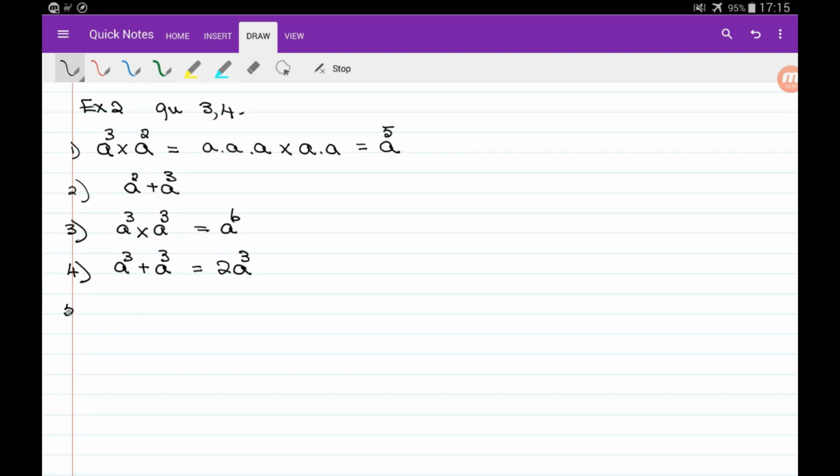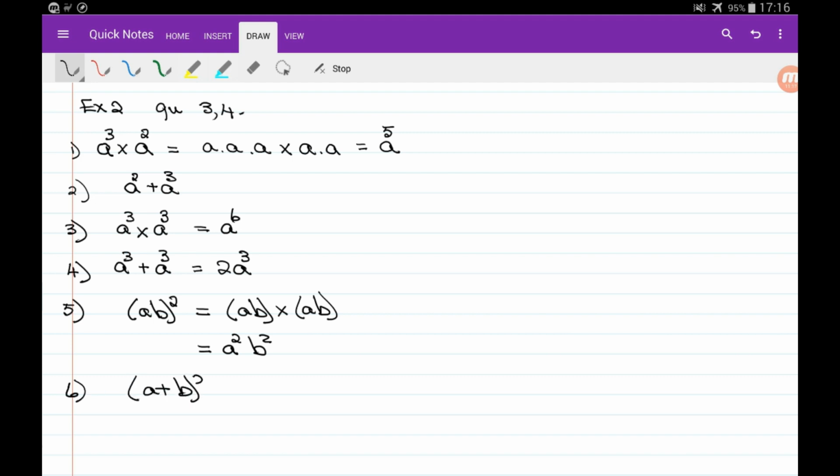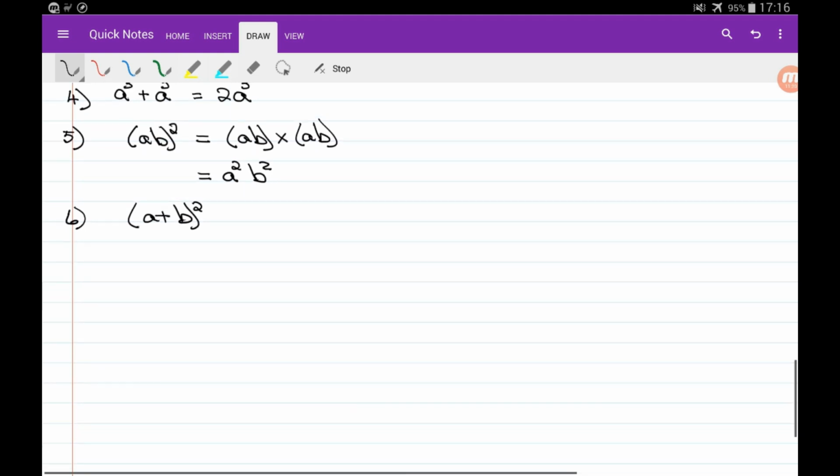Another example, if I was to give you AB in a bracket squared, that means that we are saying AB multiplied by AB. So our exponential law enables us to write a squared b squared straight away. However, if I give you a plus b in a bracket squared, I cannot use the exponential law and just try and say that it's a squared plus b squared because it's not that.